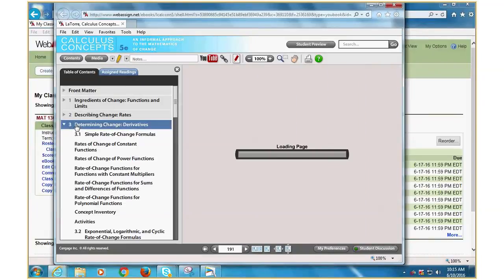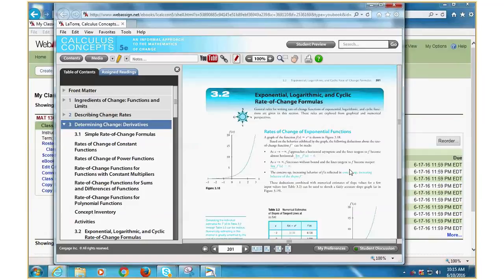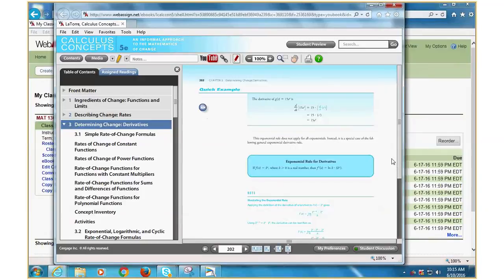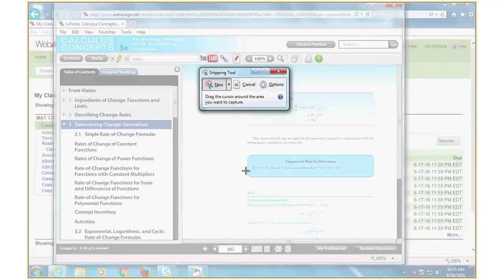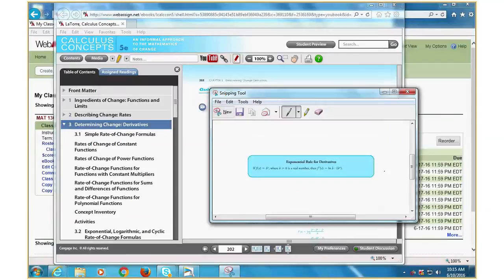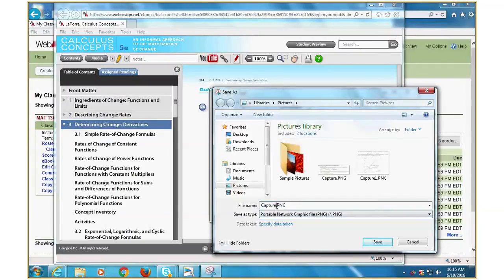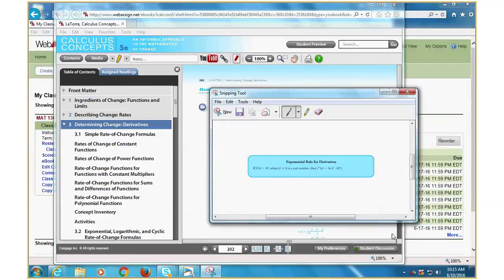I snipped it out, and I think it's on the second page of the section. There it is. We'll snip it out again. Hopefully it won't be as small as it was. There we go. We'll pull that back up.